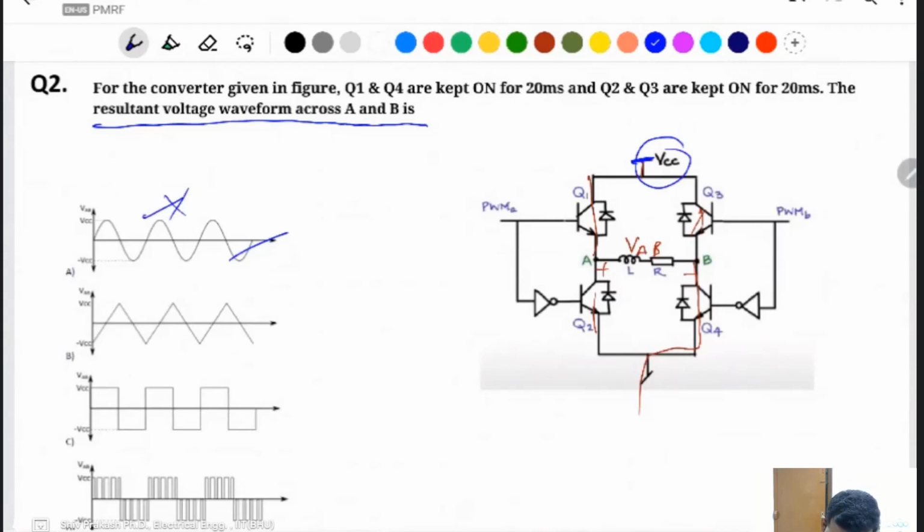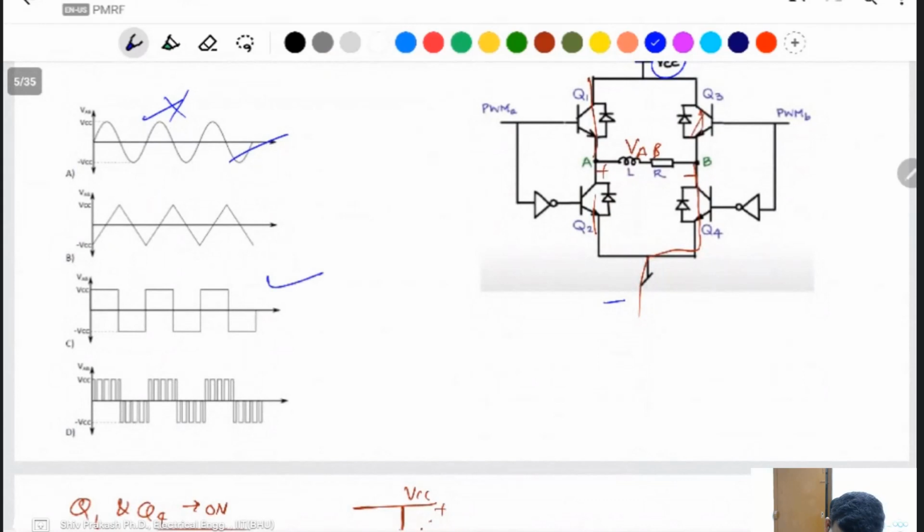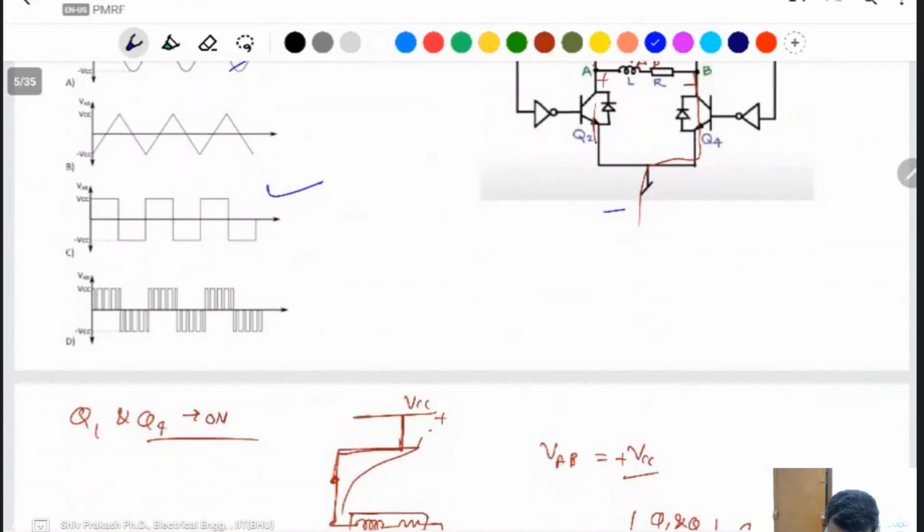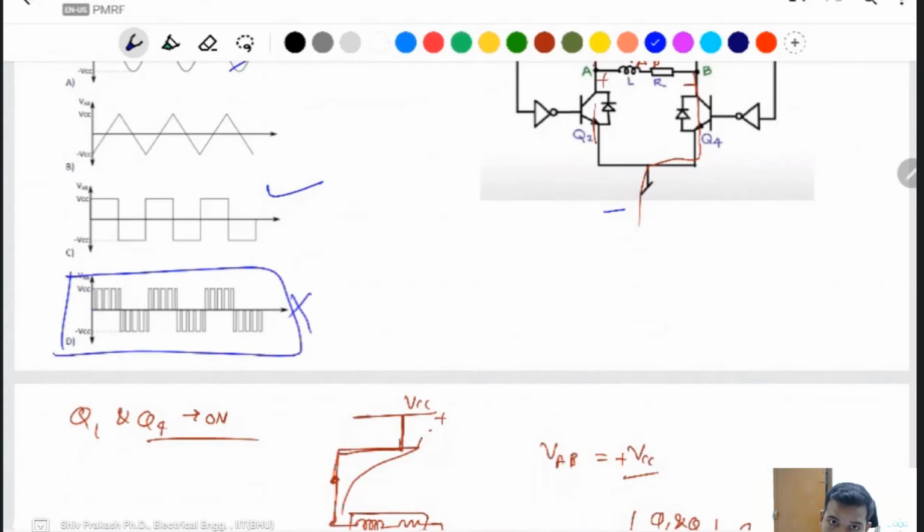Triangular is also not mentioned. Plus VCC means this one is positive, this one is negative, and this is a constant voltage. That's why this one is correct.